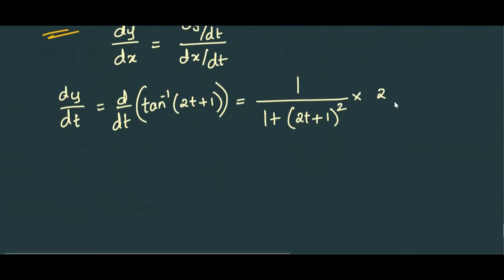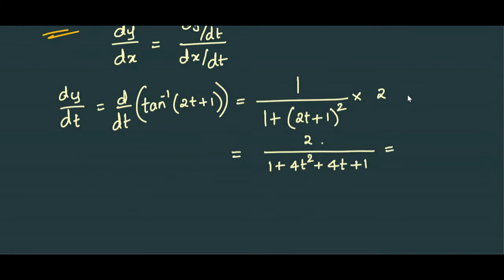We can simplify this. This is 2 by 1 plus 4t square plus 4t plus 1. So dividing by 2, you will get 1 by 1 plus 2t plus 2t square.